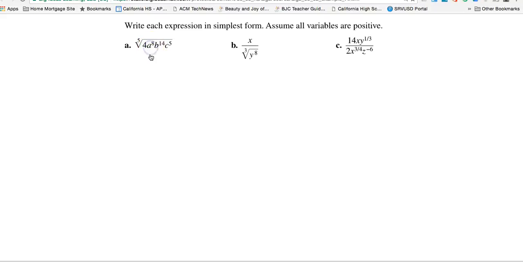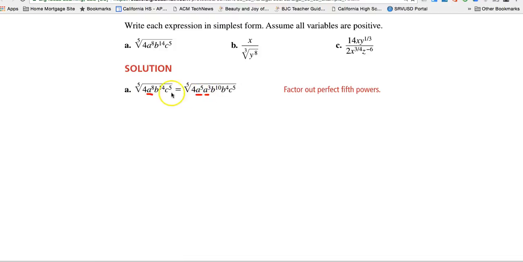So what we want to do is rewrite this with factoring out all the perfect fifth powers from each term. So you'll see right here, we've taken a to the 8th power and rewritten that as a to the 5th times a to the 3rd. We've taken b to the 14th and rewritten it as b to the 10th times b to the 4th, and c to the 5th is a perfect fifth power.